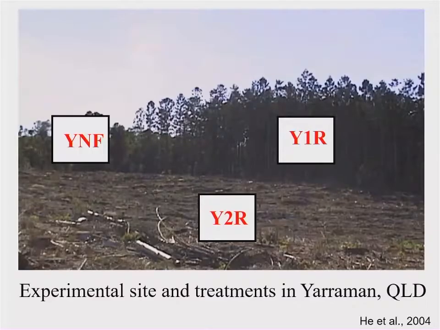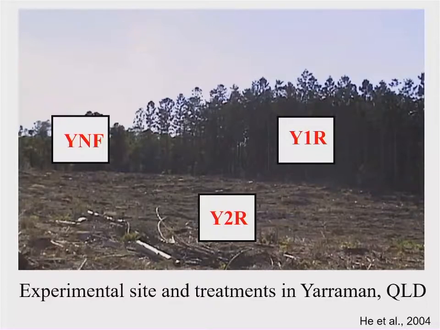So I gave an example. This is what I did during my PhD. This is, for example, a forest system. There are different rotations. This is a natural forest. This is a hoop pine, first rotation and second rotation. Because the soil is a very complicated matrix, it includes what we call the humic compounds.